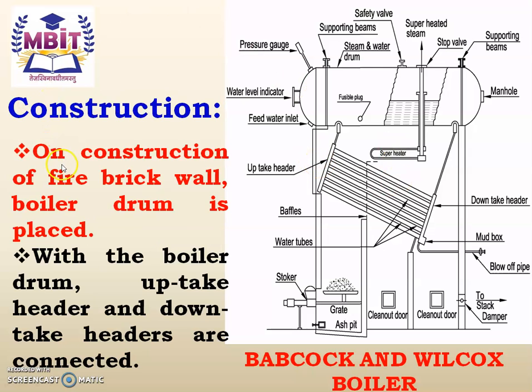Construction. On a fire brick wall, the boiler drum is placed. With the boiler drum, the uptake header and downtake header are connected. So this one is the downtake header and this one is the uptake header.